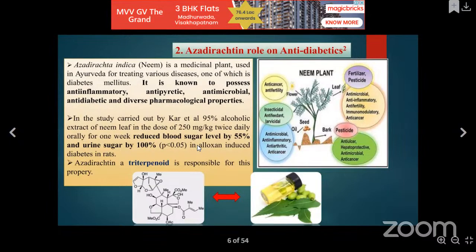Whatever excess carbohydrates are there will be converted into glycogen, which acts as stored food. Insulin should be present to convert glucose into glycogen.